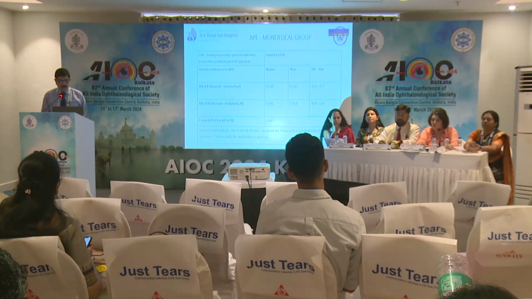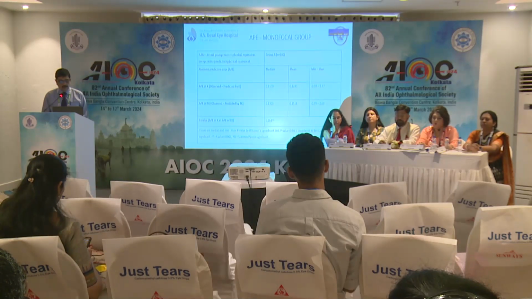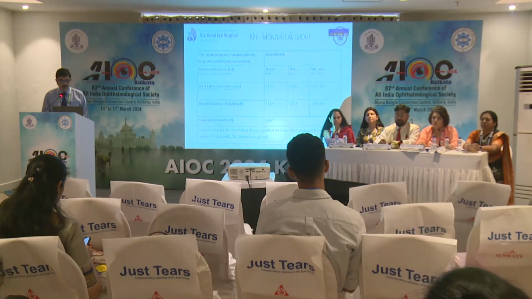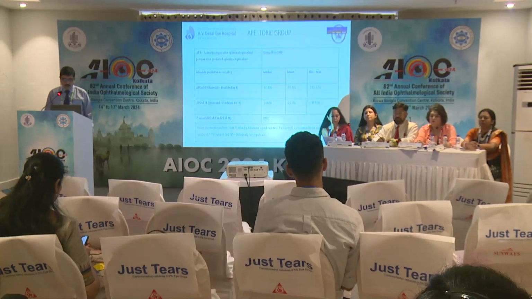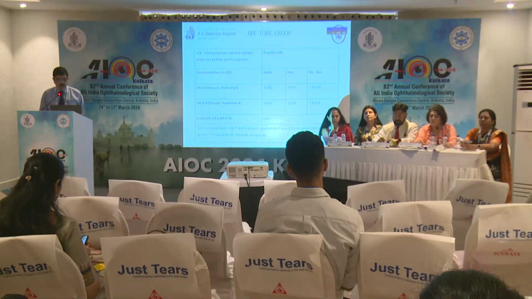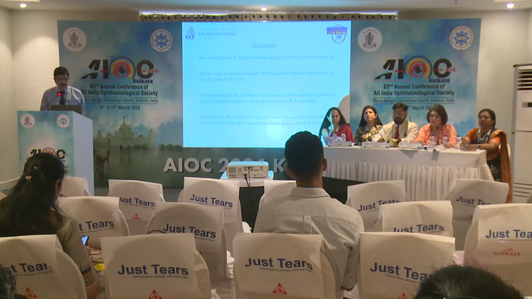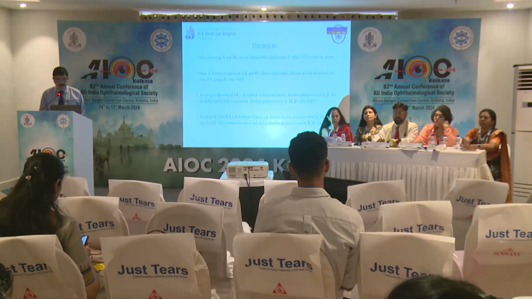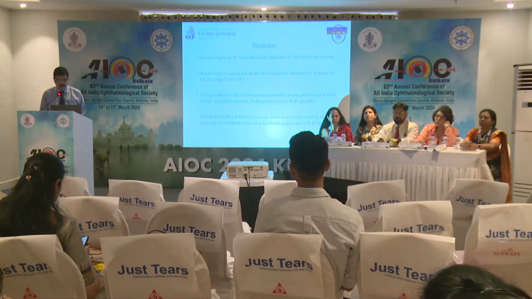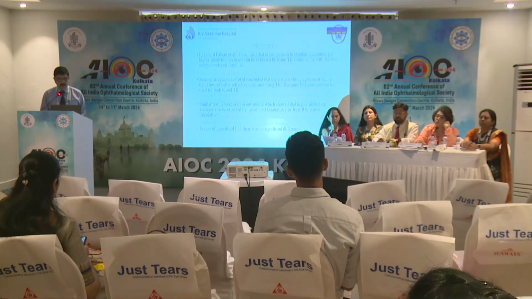For absolute predictive error in the monofocal group, we did not find any significant difference, with a p-value of just 0.2. While in the toric group, we found that the absolute predictive error of total keratometry was significantly lesser than for standard keratometry. So just to sum up, in group A, monofocal IOLs, the absolute predictive error between K and TK did not make much of a difference, while in toric IOLs, it was significantly lower for total keratometry.